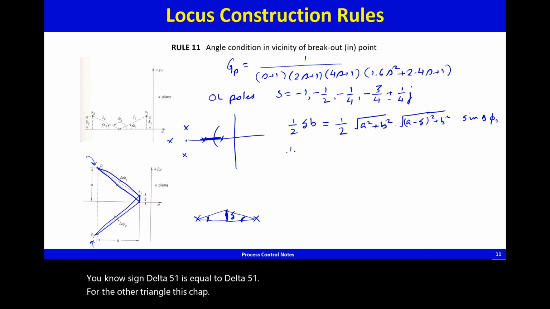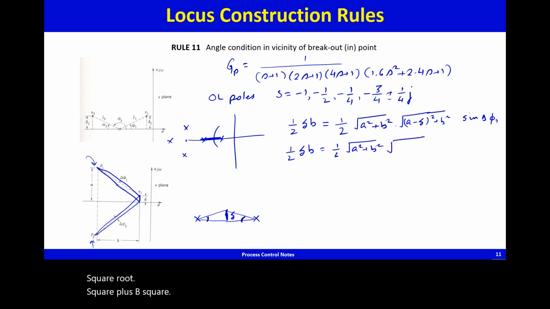For the other triangle, we will have half delta b is equal to half times square root of a square plus b square times square root of (a plus delta) whole square plus b square times sine of delta phi 2.